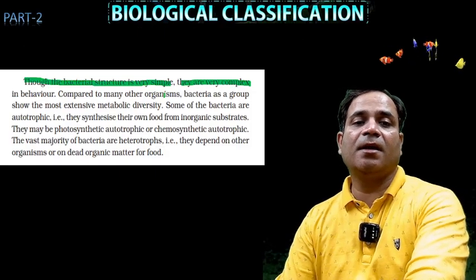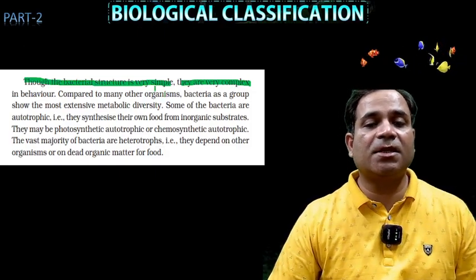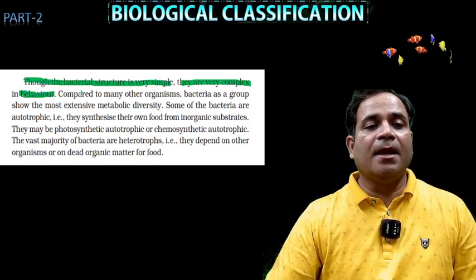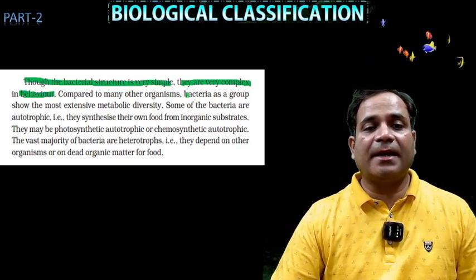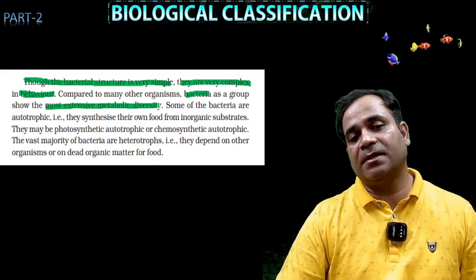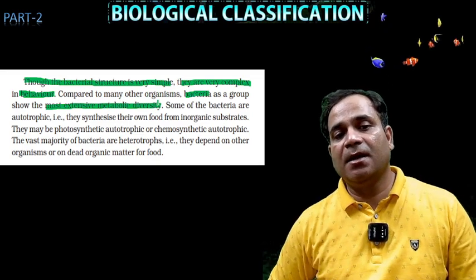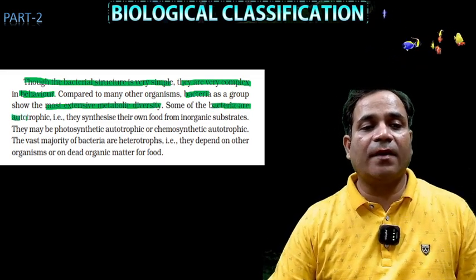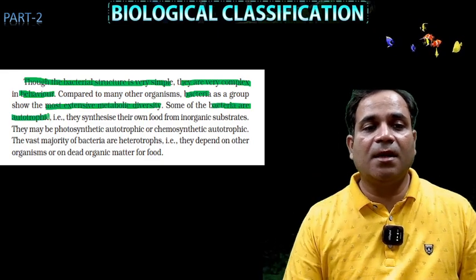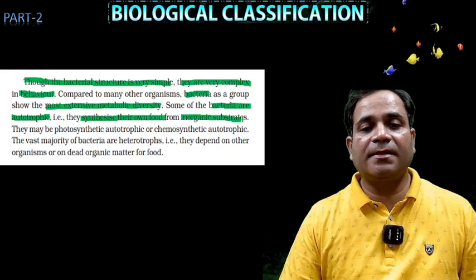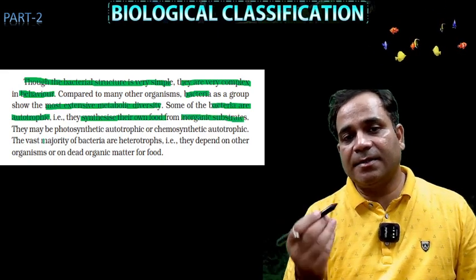This is also written in your NCERT. So simple in structure, but complex in behavior. Compared to many other organisms, bacteria as a group show the most extensive metabolic diversity. Some bacteria are autotrophic, that they synthesize their own food from inorganic substrates.